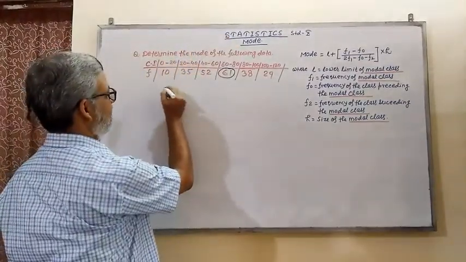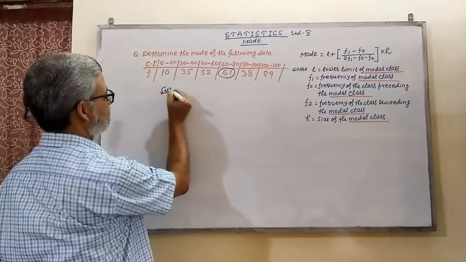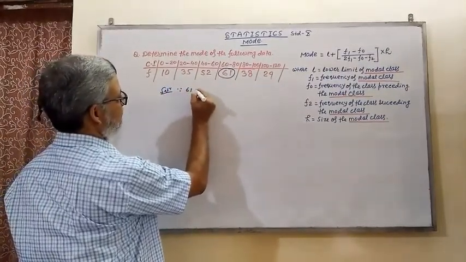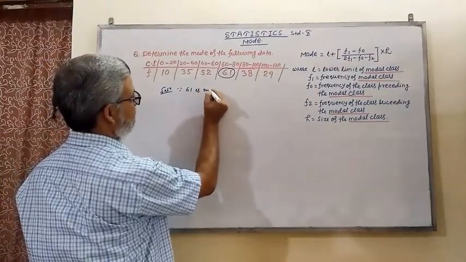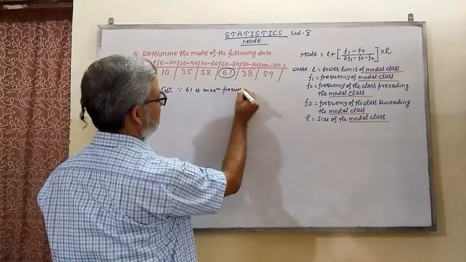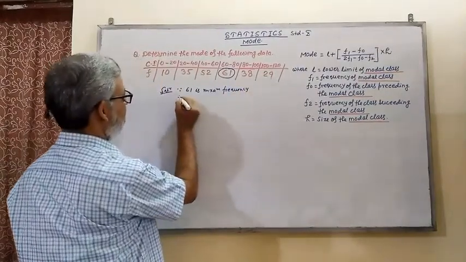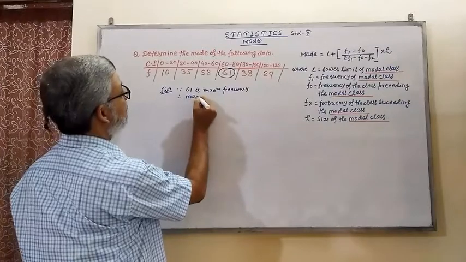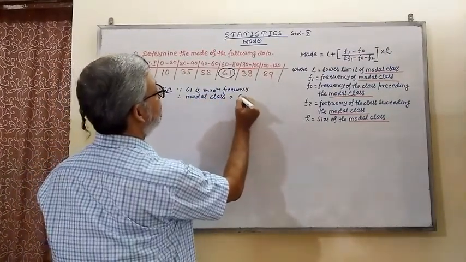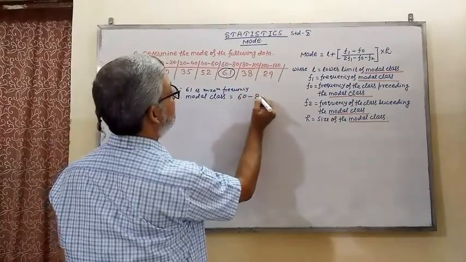So here we write the solution: since 61 is the maximum frequency, therefore the modal class is 60 to 80.